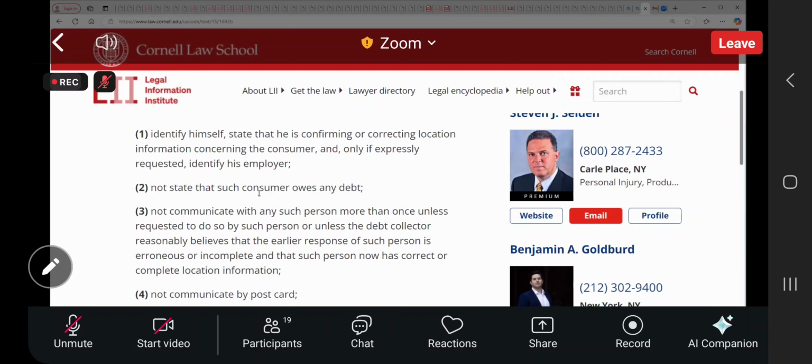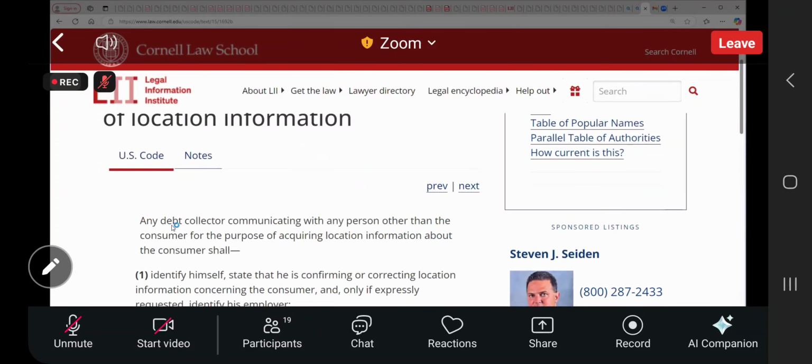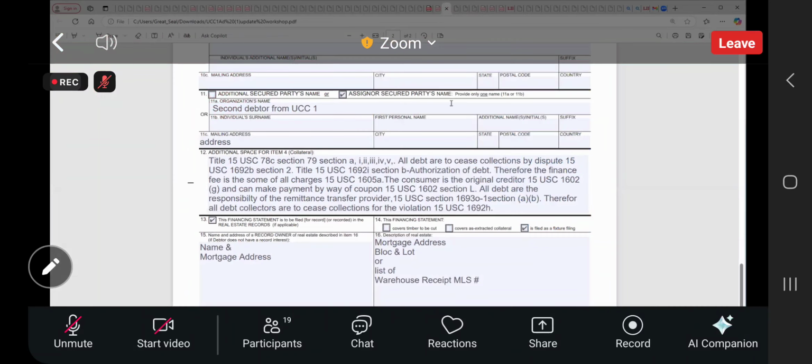Write this down. You want to use the word consumer when you're communicating with these people. So as they try to fraud you out of your money by way of contract, you can come and sue them based on 15 USC 1692B acquisition of location, subsection 2, not state the consumer owe any debt. And you see that on the current UCC here, which I'm showing you guys. Okay? 1692B, subsection 2.